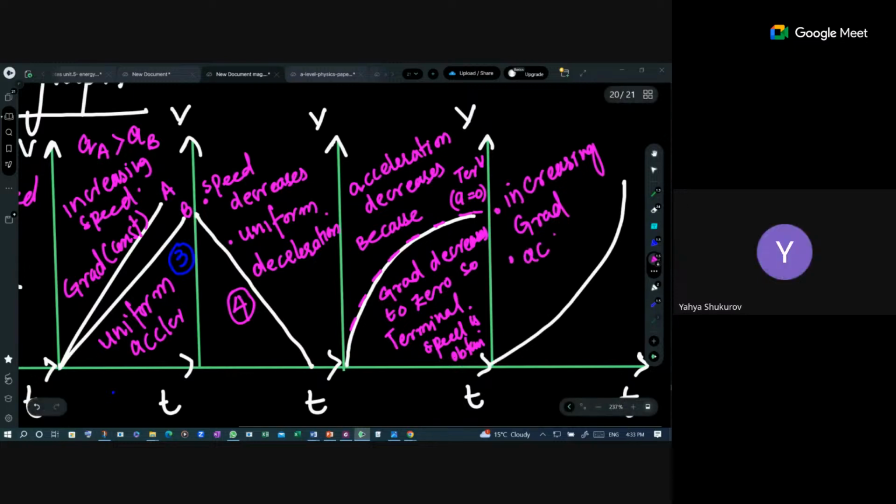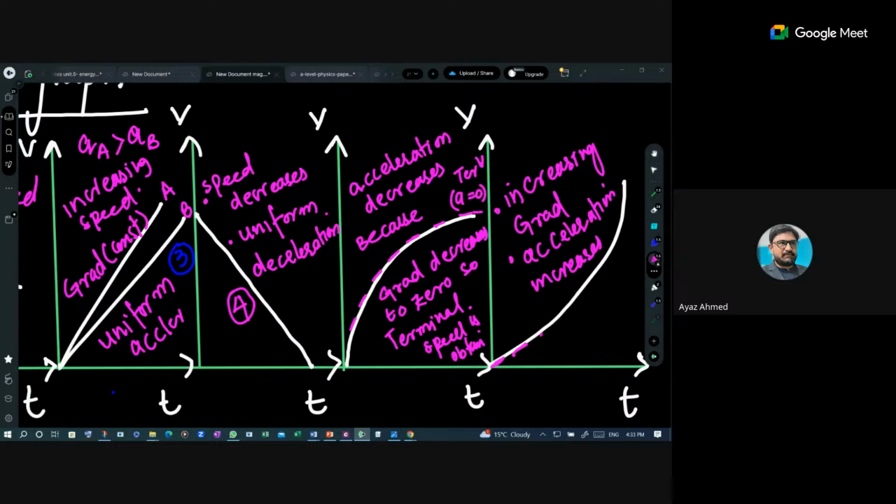Am I right? Yes, sir. So when acceleration increases, the body starts from minimum acceleration and then its acceleration increases and increases and so on. Got it?